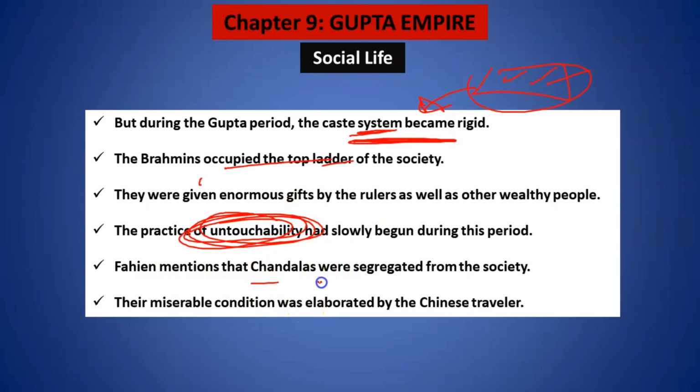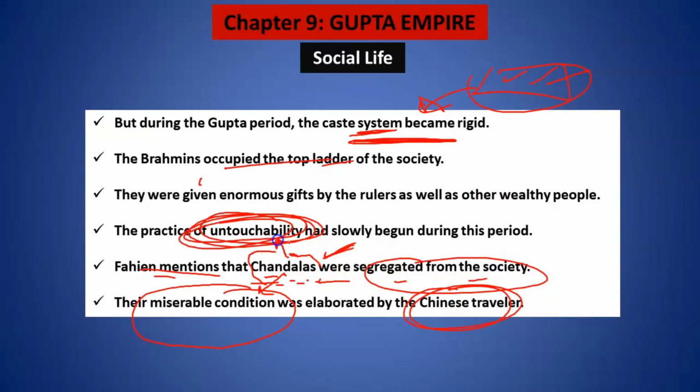All right, Fa-hien has also mentioned about this. Now, the miserable conditions of Chandalas is mentioned by this Chinese traveler. So this was one of the social sections which was segregated from the society, as they were considered to be untouchables. Right. All right. And this is mentioned by Fa-hien.